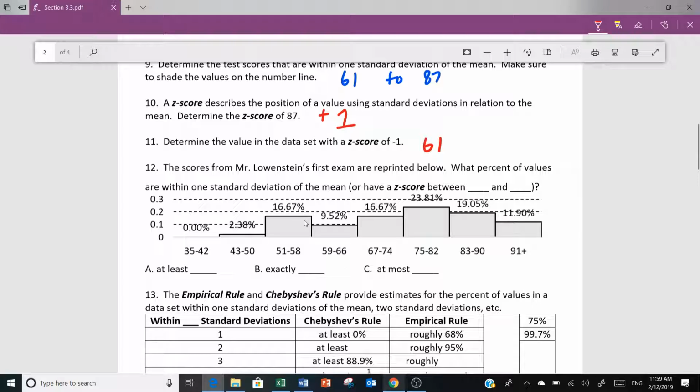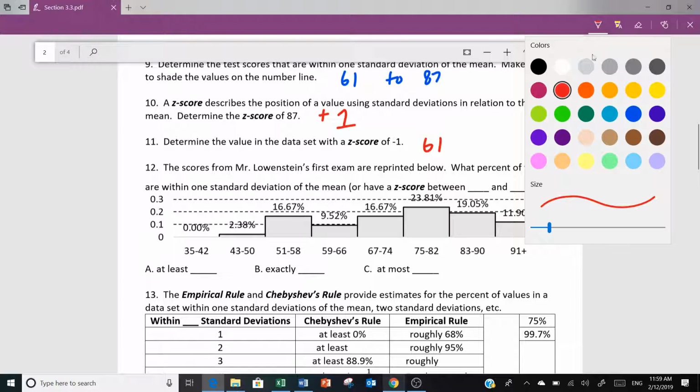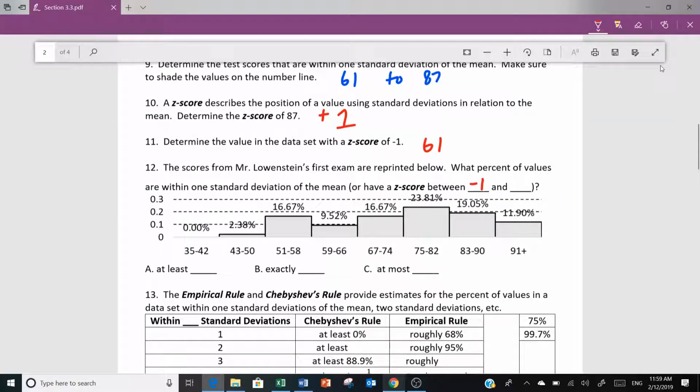Well, we know at most would be all of these. So within one standard deviation means between one standard deviation below, which we said was -1 z-score, and one standard deviation above, which is +1 z-score. Now, what was one standard deviation below? What was the value again?